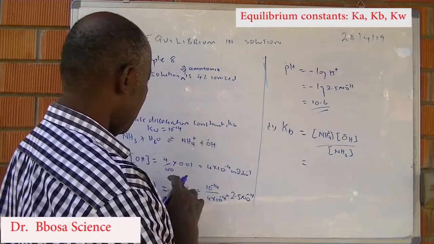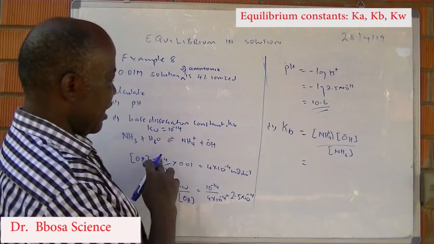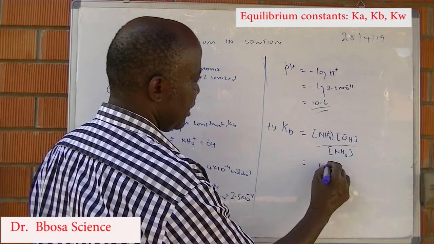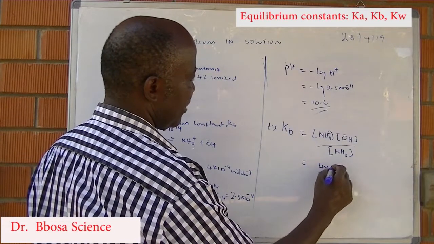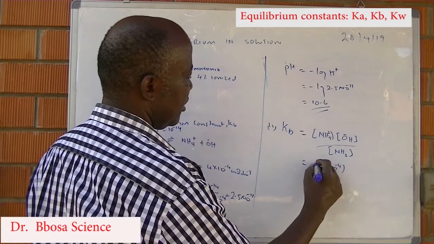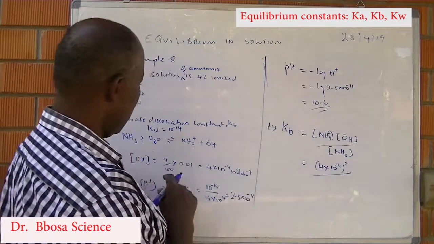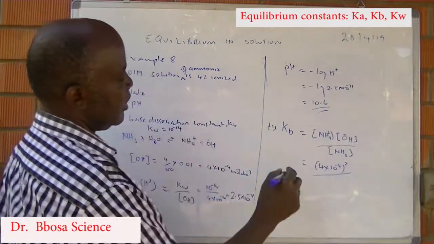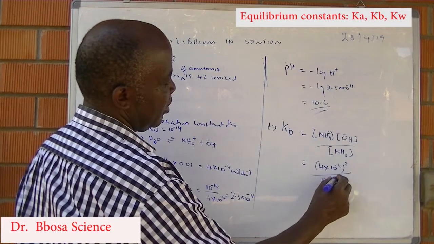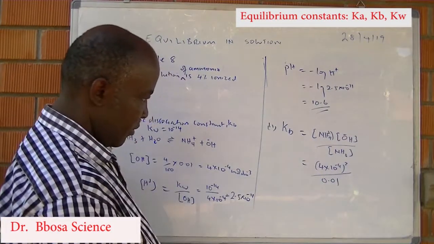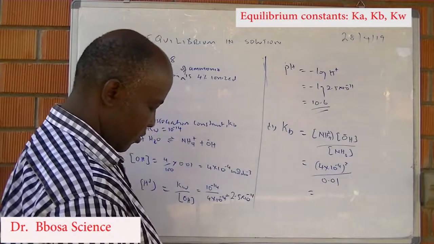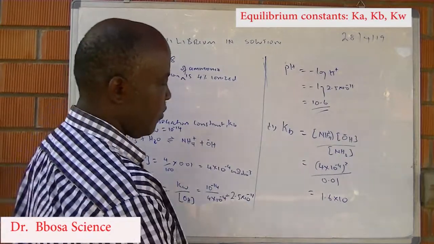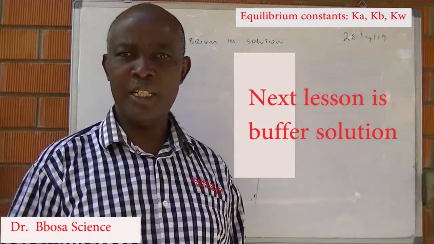The moles of hydroxide ions are equal to the moles of ammonium ions, which is equal to 4 times 10 to the power negative 4, squared, over the concentration of the ammonia solution, which is 0.01, and this is equal to 1.6 times 10 to the power negative 5.